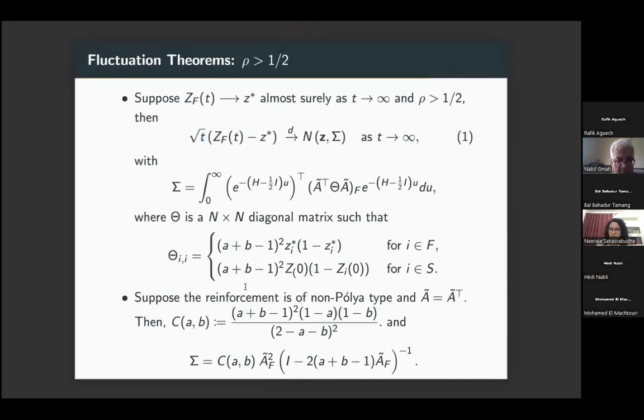Yes, you have the convergence of square root of t times Z_f(t) minus Z star. And is there some result if you use, for example, the Kolmogorov distance or something like this? Do you know something about the rate of convergence, or is there some result about the rate of convergence even in a simpler case?